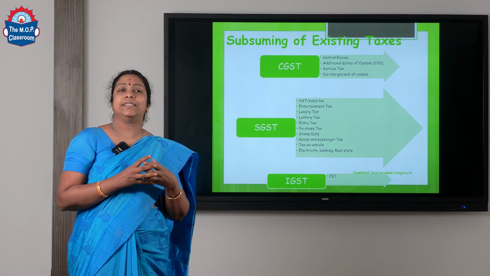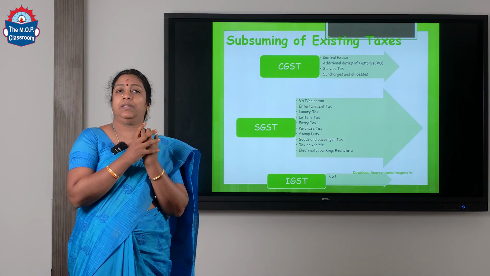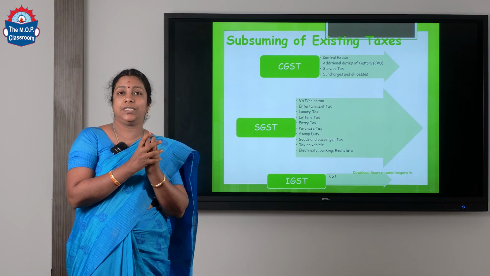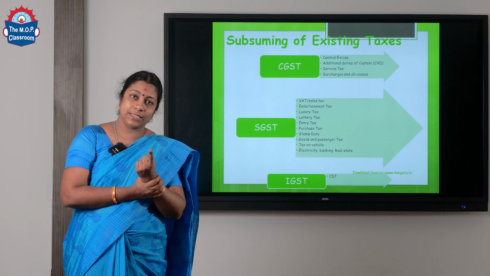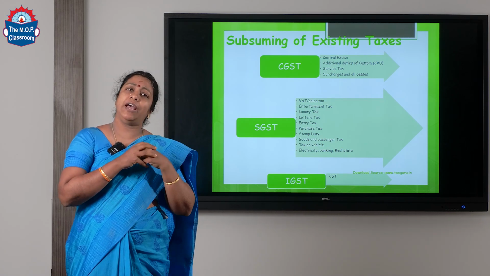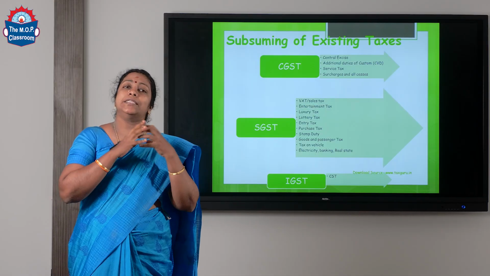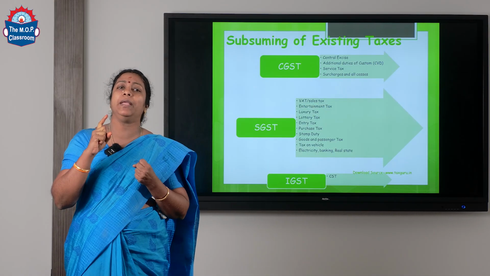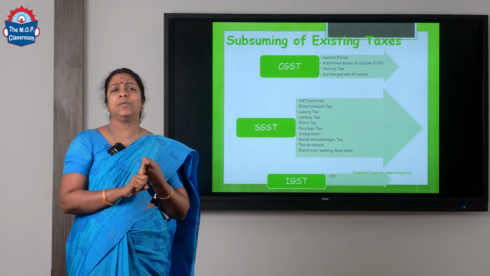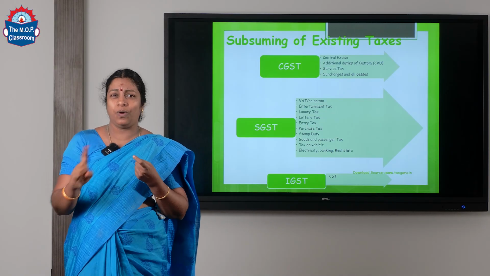Dual GST model means even though the concept of GST is basically one nation, one tax. In spite of having different states, as a whole nation, the indirect tax system is going to be one. That is why it is called one nation, one tax.